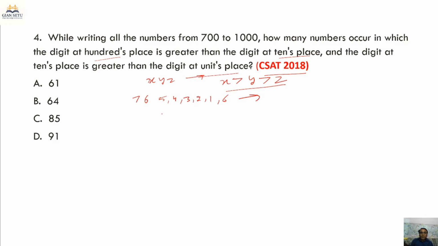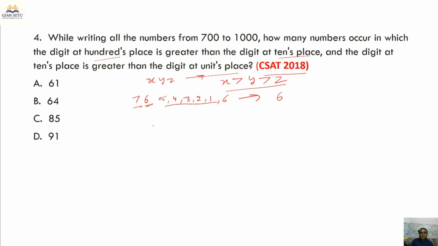So how many numbers can we have in which the hundreds place digit is 7 and the tens place digit is 6? There will be 6 such numbers.